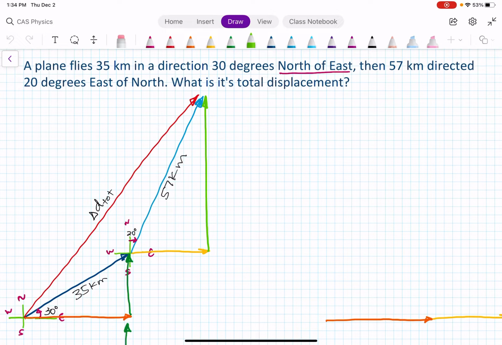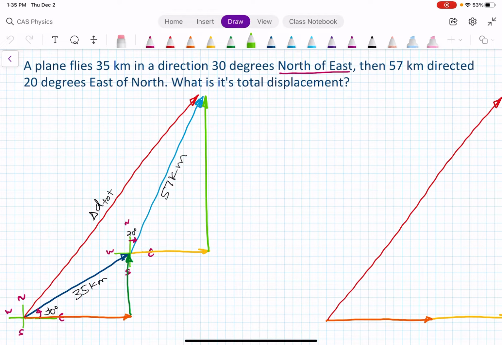I take the Y component of the first one and add it to the Y component of the second one. What you can see is that it gives me the X and Y components of the resultant. So you see how that works? And this is like a key to understanding this problem.